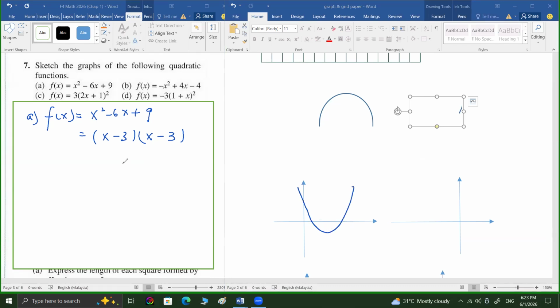It's okay. Narrower, 1 point only. Then here, 3. Here, 9. Make sure you label x, y, and 0. So, class, anything that cuts the x-axis and the y-axis, that we call the y-intercept, you label. Can you get what I mean?